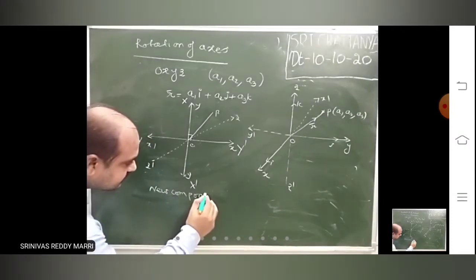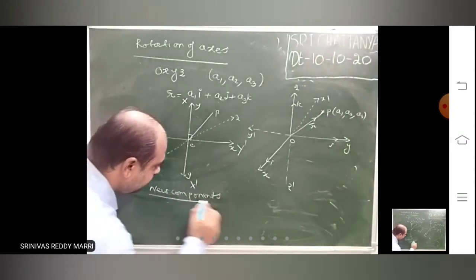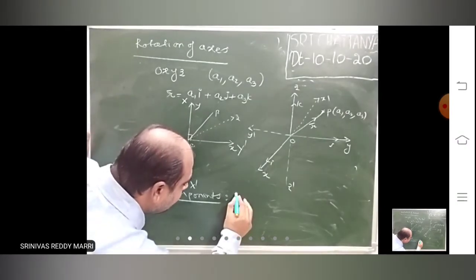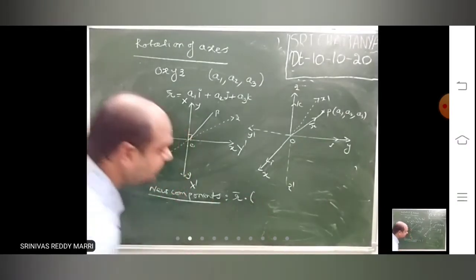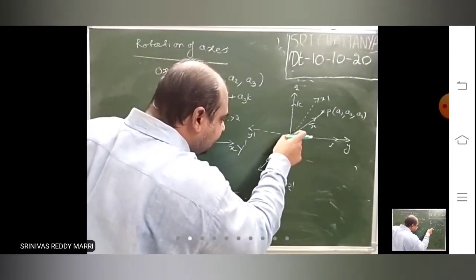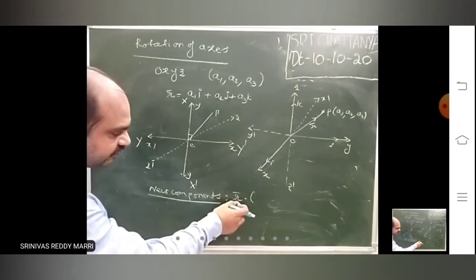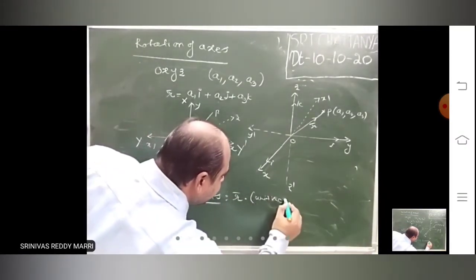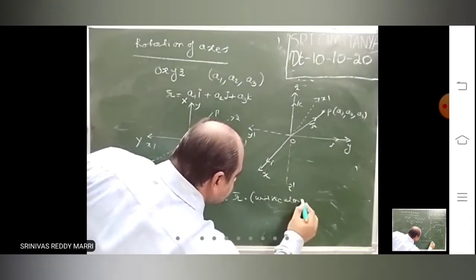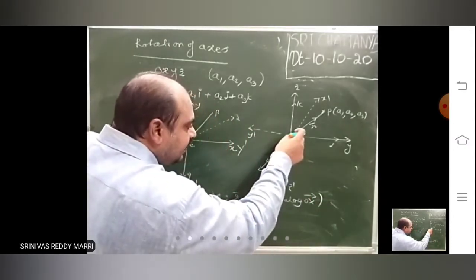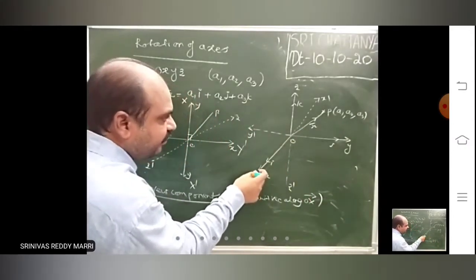Now the new components: r bar dot. Previously, what component have you written? r bar dot the unit vector along OX. So what do you have to write here? r bar dot the unit vector along the new x-axis. Its x component will be r bar dot the unit vector along the new ox.